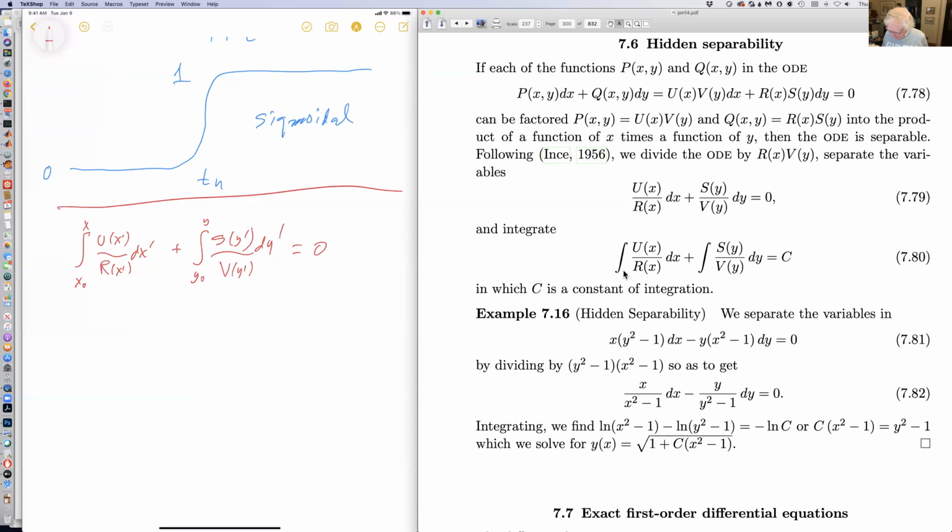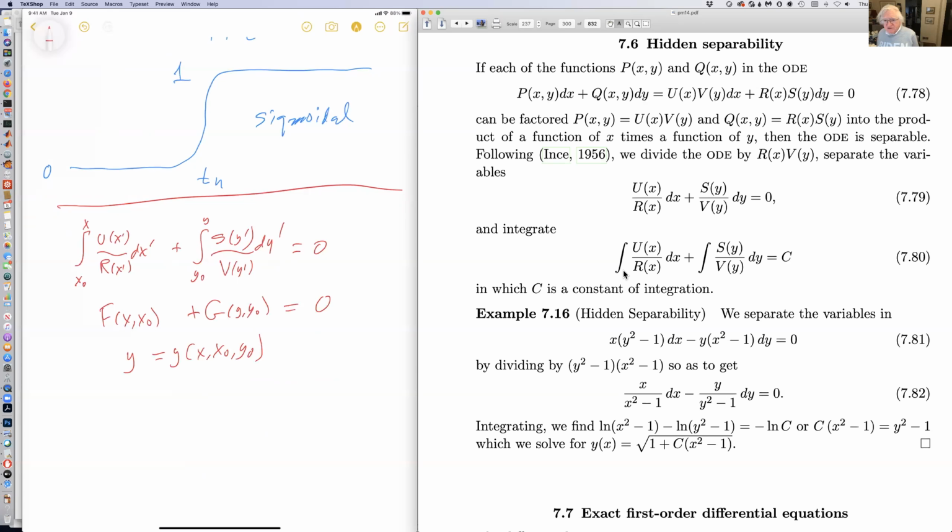What instead, in my book, you get is that this integral is some function of x and x0, plus over here some other function of y and y0. This is after you've done the integral, and this is equal to 0. So this gives you an equation, y is equal to y of x, x0, and y0. So it gives you a solution that depends upon two independent constants that you've chosen to be the lower limits of integration.